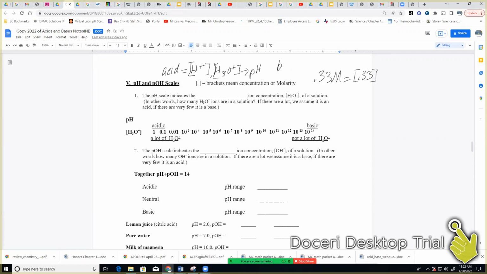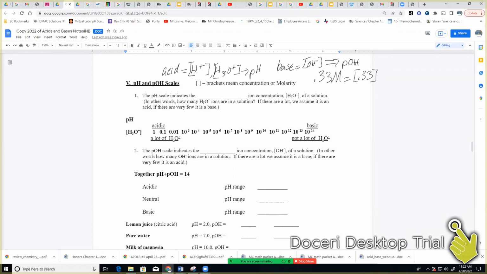If we have a base, we're going to end up with information about our hydroxide concentration. And from that, I can get the pOH. pH is what we deal with more. Usually questions ask for the pH, but if you're working with the base, you're going to have to get pOH first and then go to pH. So those take a little bit of extra step, but it's a really easy step.